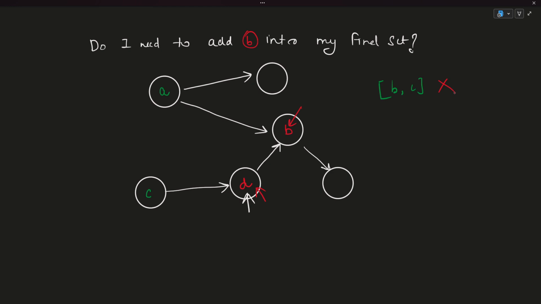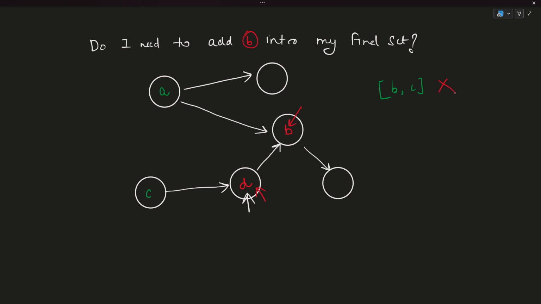So the approach we are going to use is in-degree count. Here we can see B and D vertices have an in-degree greater than 0. These nodes are reachable from other vertices, so we are not going to include them in our answer. But what about those nodes where in-degree is 0?